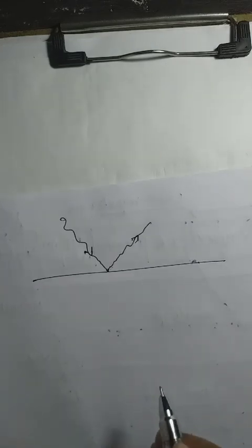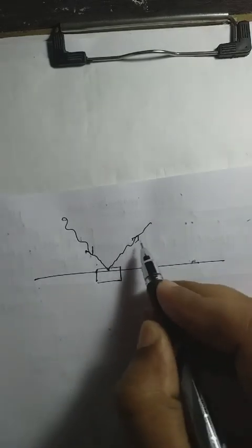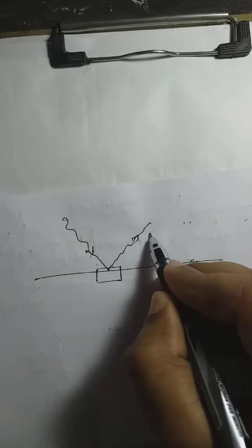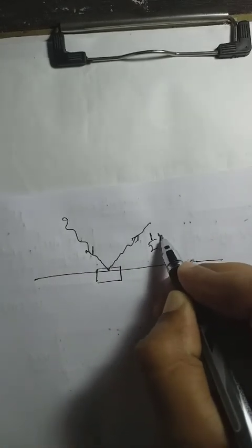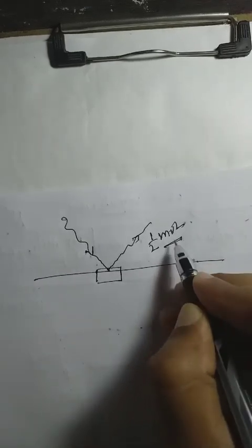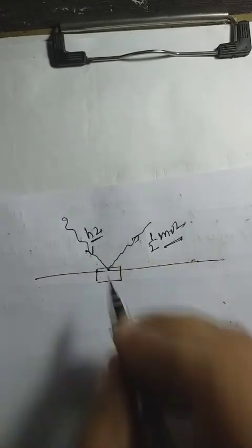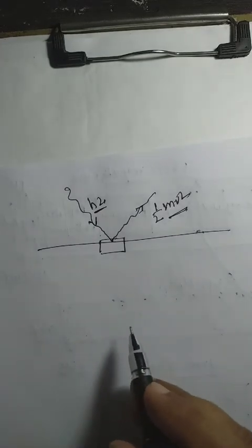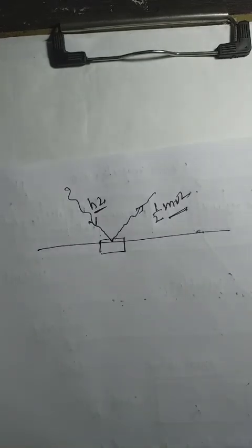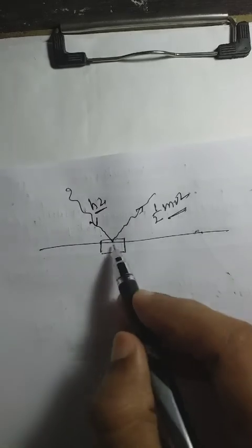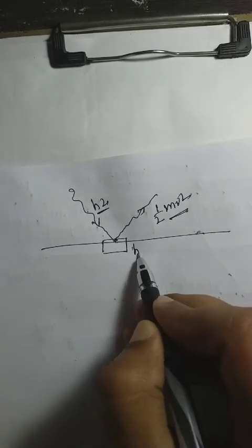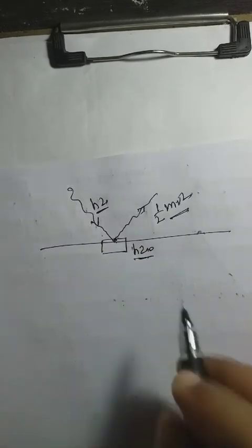So this electron gets motion in terms of kinetic energy, half mv square. The certain frequency we are projecting is h nu, and at the perfect energy that is going to eject the electron, we are considering h nu naught.